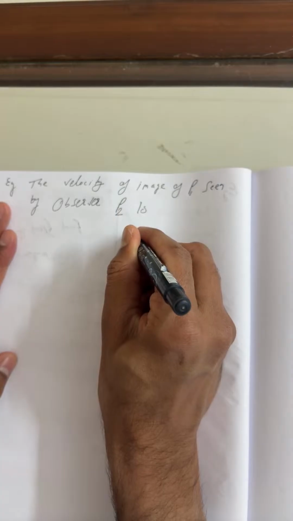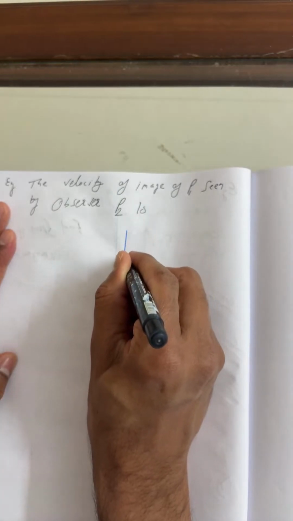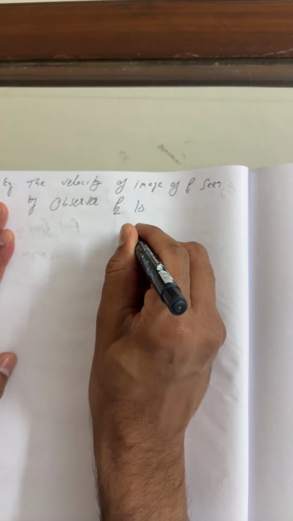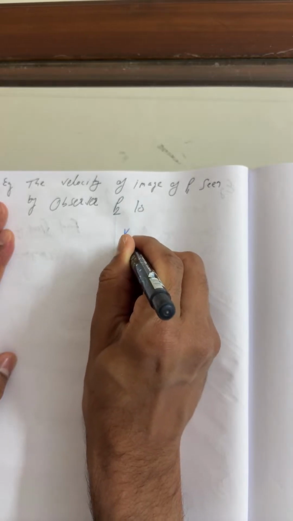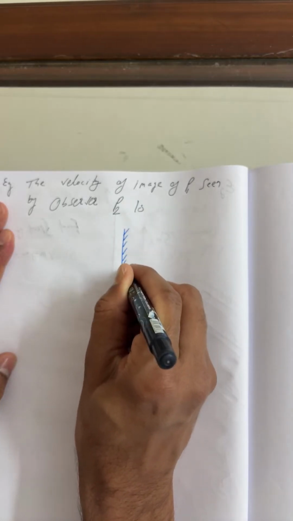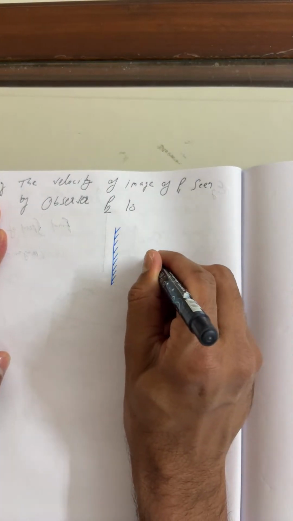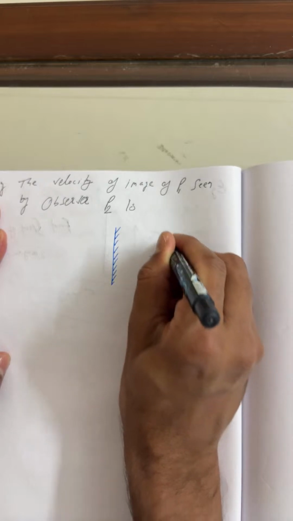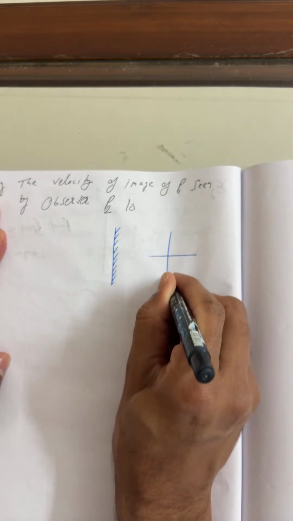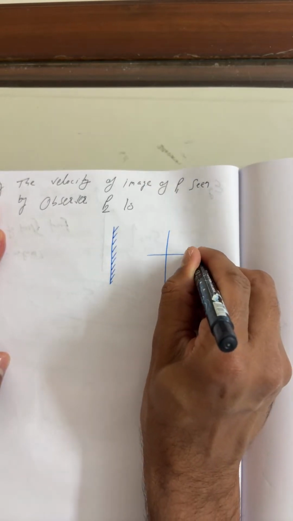My dear students, you can say this is the plane mirror. This is the plane mirror, right? Students, for the plane mirror here, there is something mentioned in the questions already. You can take it into consideration.